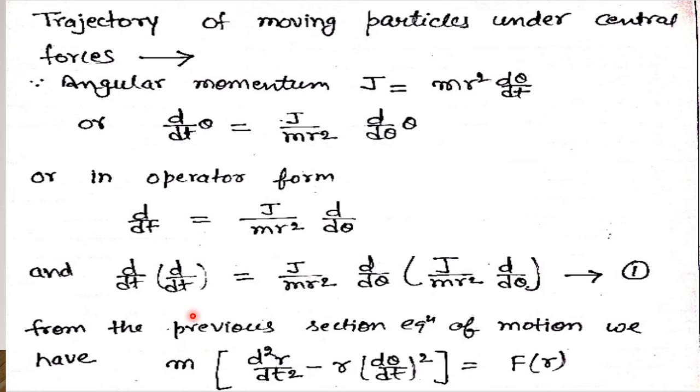Okay. Now from the previous section, the equation of motion which we have proved is m[d²r/dt² minus r(dθ/dt)²] equals fr. This is the equation which we have written in the equations of motion in the previous section.